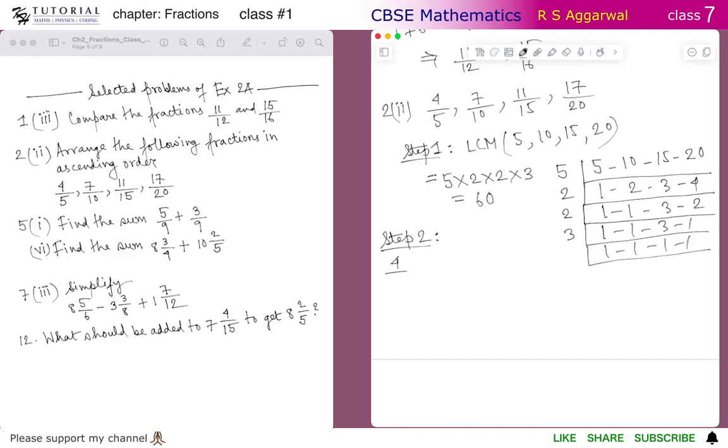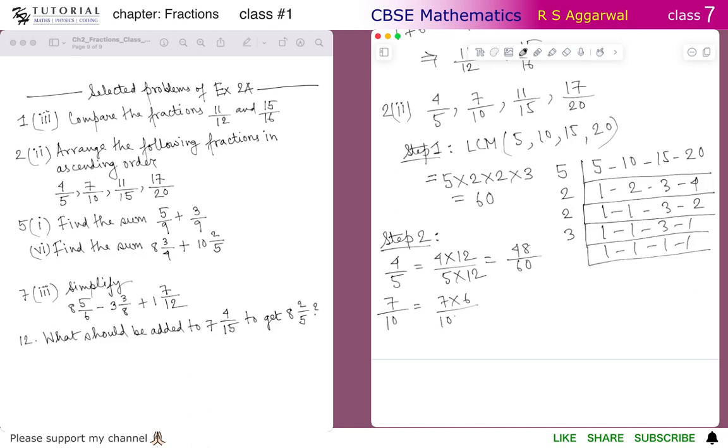So 4 by 5 can be converted to an equivalent fraction with 60 as denominator by multiplying with 12, because 5 into 12 is 60. So this becomes 48 by 60. Okay. 7 by 10 can be converted to its equivalent fraction where the denominator will be 60 by multiplying the denominator by 6 as well as the numerator with 6.